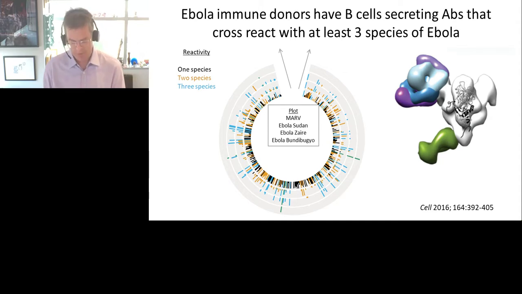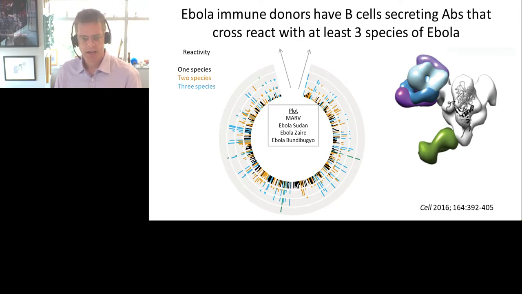Now, most of the work in Ebola has been focused on Zaire, but we made antibodies that were quite broad. Again, this is single particle EM reconstructions from Andrew Ward's lab on the right, showing that many of these antibodies bind the receptor binding domain at the top, but also we got stem or membrane proximal external region antibodies on the bottom. And a lot of these antibodies are very potent.